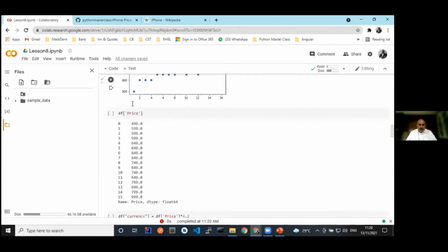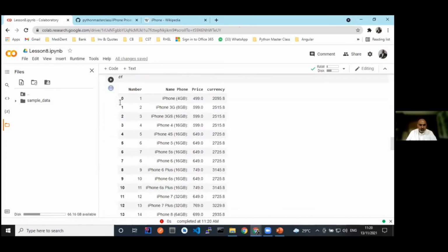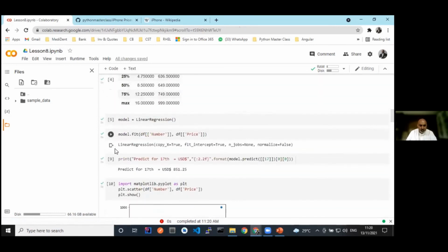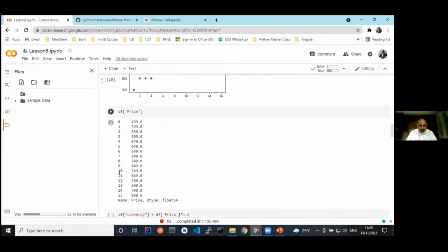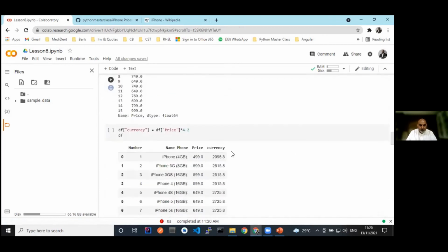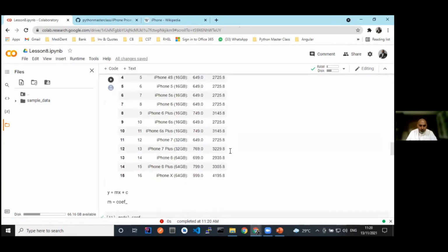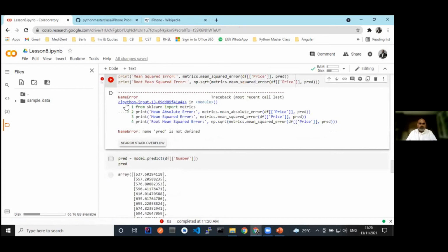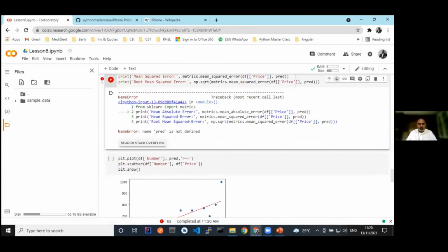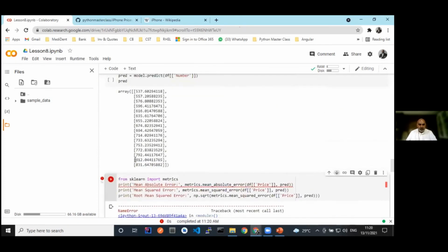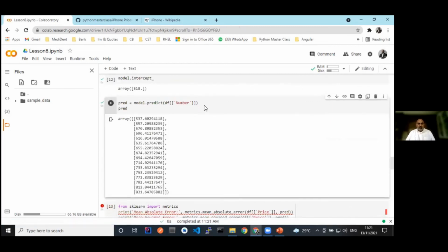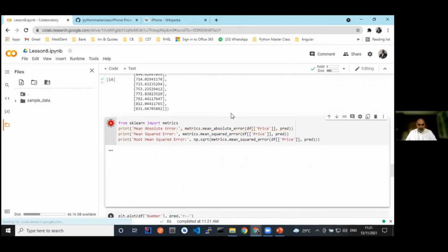Did I run predict? Oh, predict is here. So I need to run predict first. This has not been run. After I run predict, then I can run this.